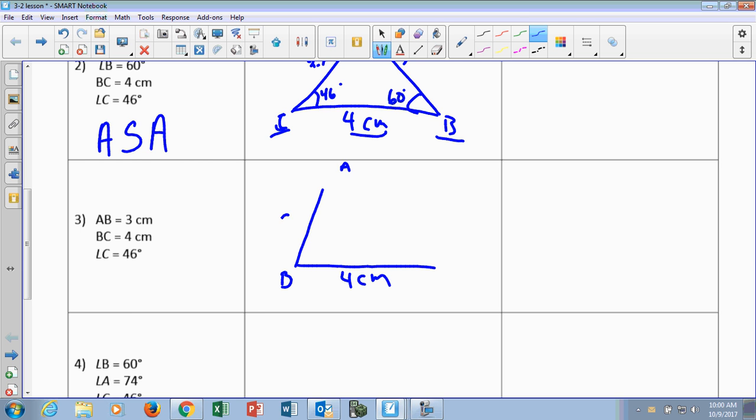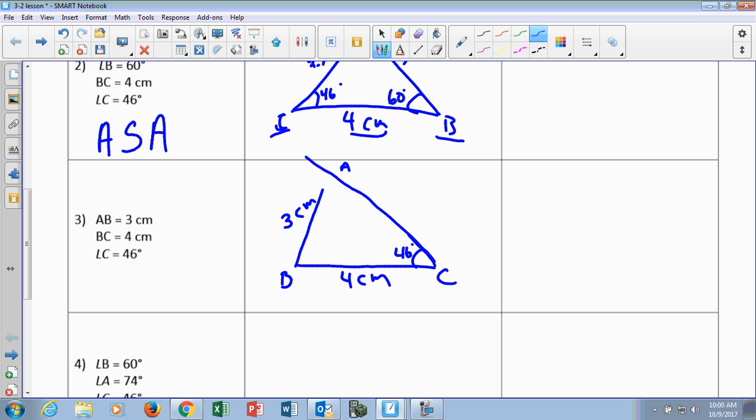So 3 centimeters, 4 centimeters, and then angle C was 46. Does this match up at all? No, and if you actually draw this length with that angle, you see that it doesn't touch, because this side's kind of short.